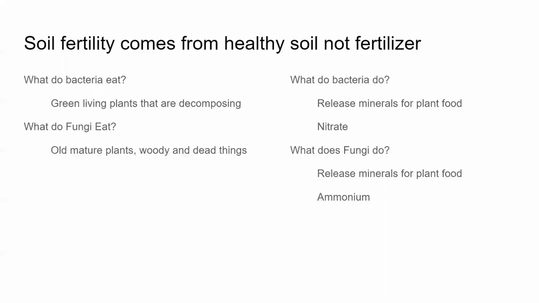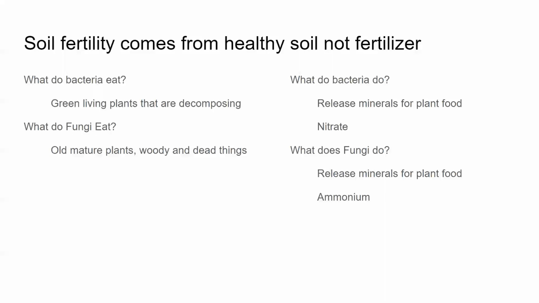If you actually did feed exactly equal parts, you would still be bacterial dominant, because the bacteria are growing so much, so you would want to feed more fungal food.